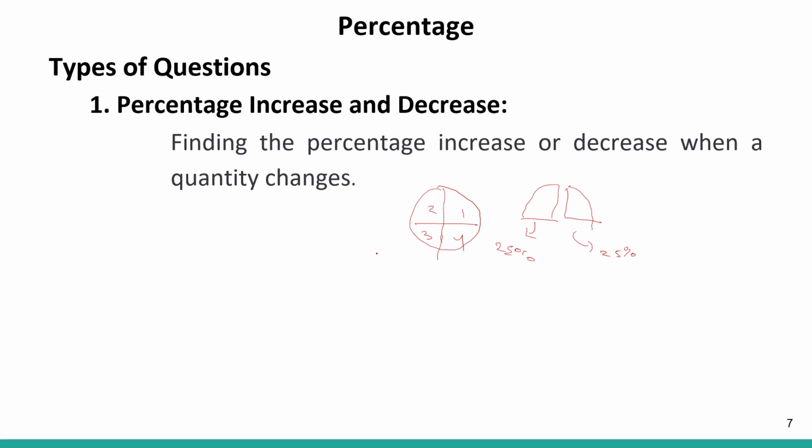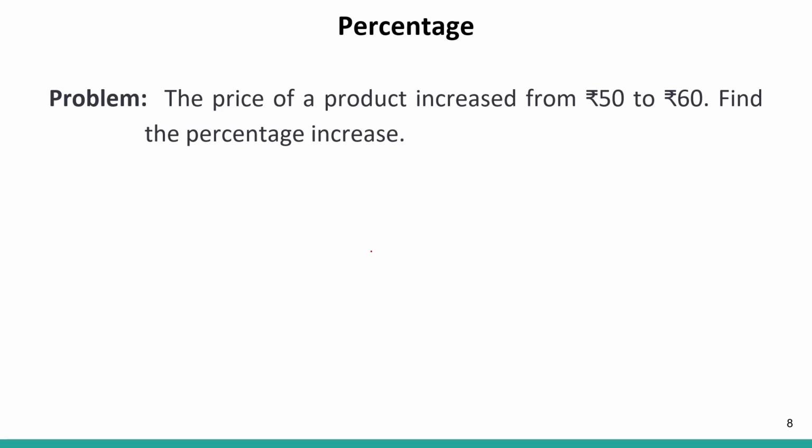Let's see an example on this, so we get a better clarity of thought. The price of a product increased from 50 to 60. The price was initially 50 rupees, and then it went up and became 60 rupees.